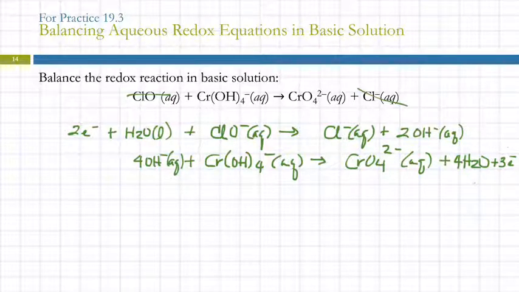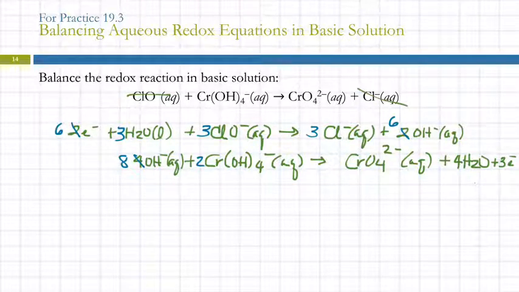So we need to multiply one or both equations so that we get the same number of electrons in both. So I've got 2 in one and 3 in the other. I'm going to go for 6. And so I'm going to multiply the top equation by 3. I have to multiply all the coefficients by 3. In the bottom, I'm going to multiply by 2.